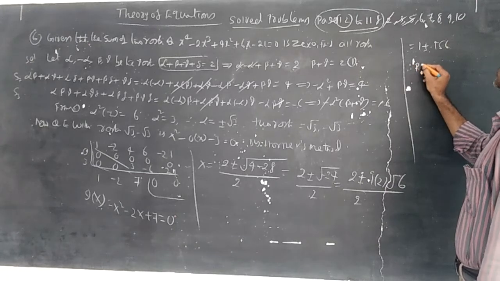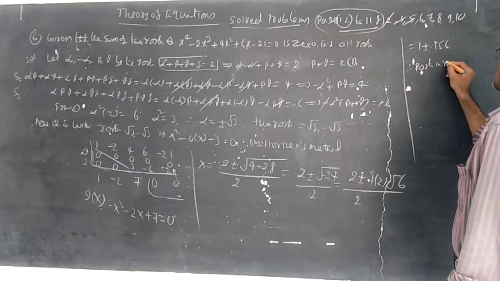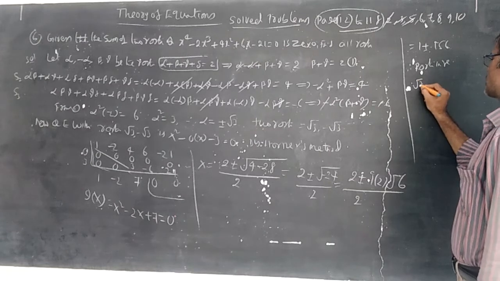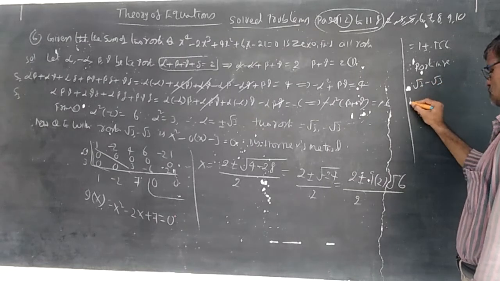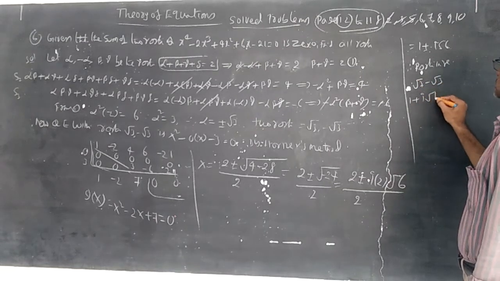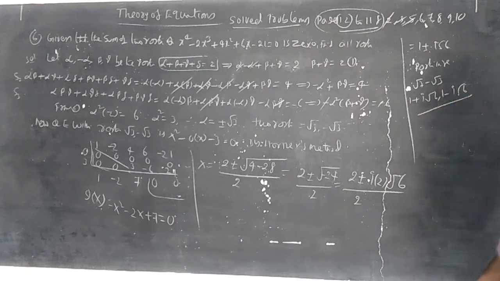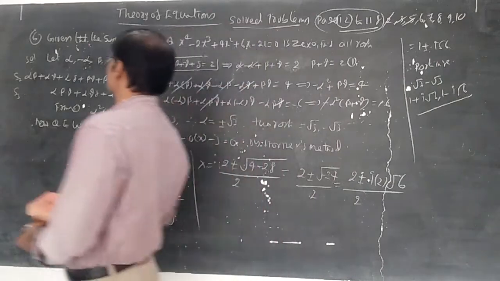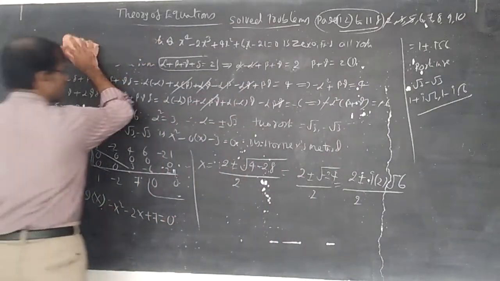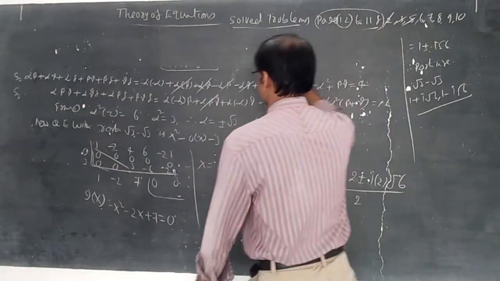Therefore, the roots are root 3, minus root 3, 1 plus i root 6, 1 minus i root 6. These are the roots, 2 real roots and 2 imaginary roots we got for the equation by quadratic equation.